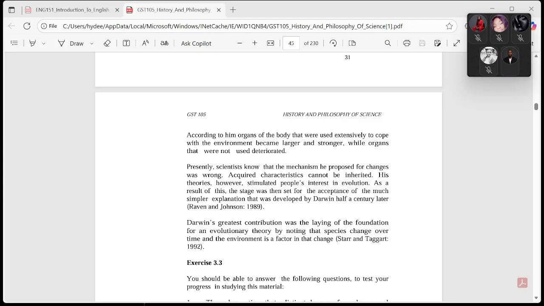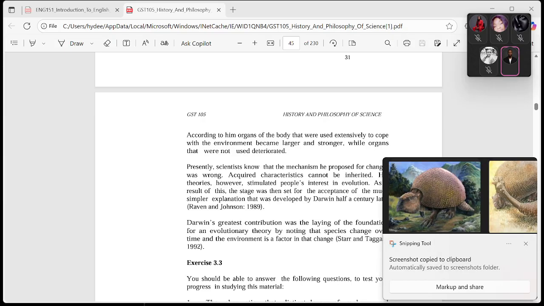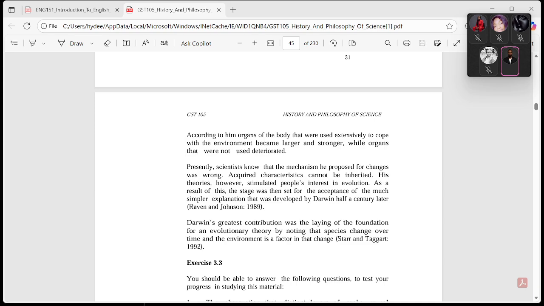All right. So compare and tell me what you think. Then we'll be able to discuss Darwin's theory properly.